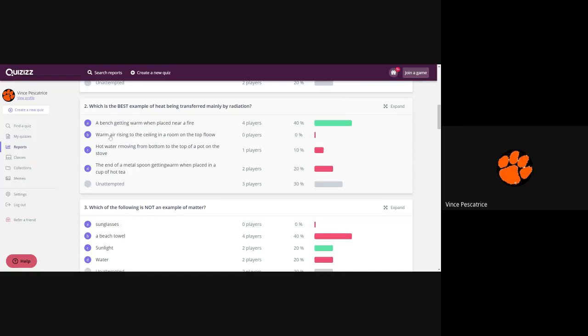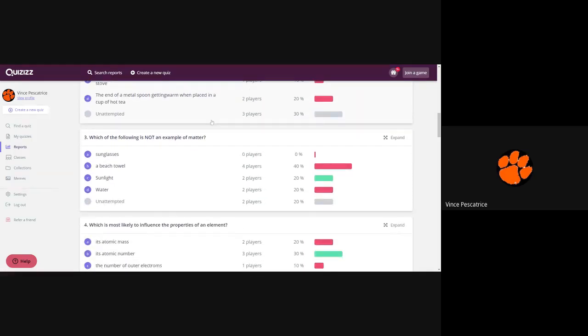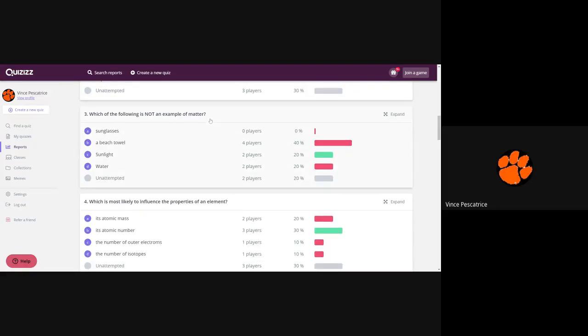Warm air rising, air is the fluid, so when warm air rises and cold air falls, that's convection. Warm air moving from the bottom of the pot on the stove, that's convection. And conduction is the metal spoon getting warm in a cup of tea, because it's actually touching the water. Radiation is A.